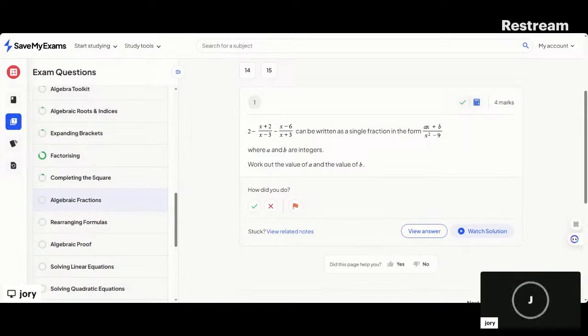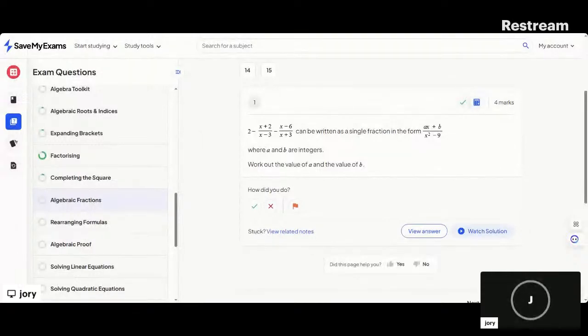Okay, so it's 2 minus x squared plus 3x plus 2x plus 6 over x squared plus 3x minus 3x minus 9, minus x squared minus 3x minus 6x minus 18. Oh, plus 18, sorry.